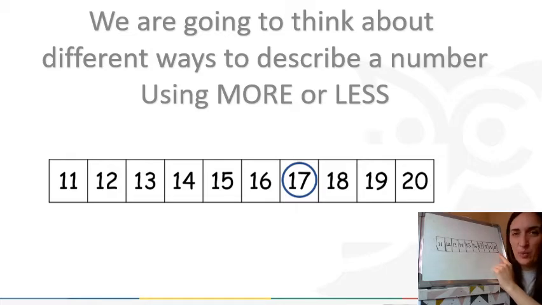Brilliant. I'm going to whiz through it now, see if you can do it as fast as me. 11, 12, 13, 14, 15, 16, 17, 18, 19, 20. Say 20. Brilliant. Now we're going to practice counting backwards from 20 to 11. Your turn first.